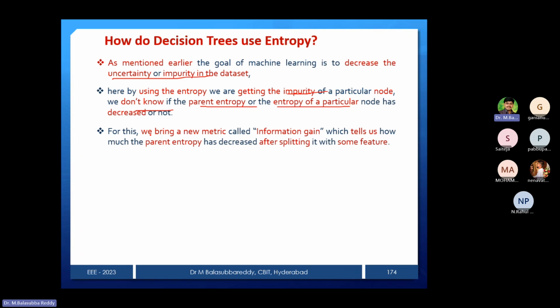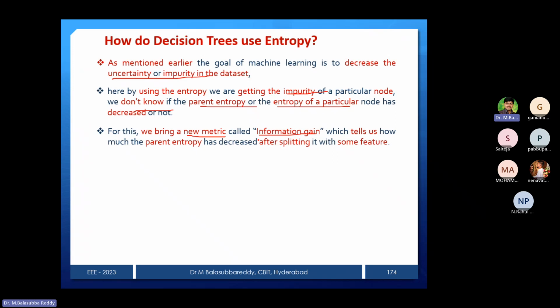In this case, we bring a new metric called information gain. Here there are two things to understand. One is the calculation of entropy: if the entropy value is high, purity reduces, and if entropy is less, purity increases. That is one concept.